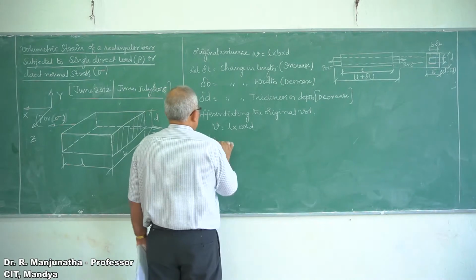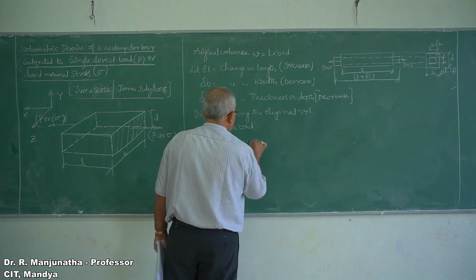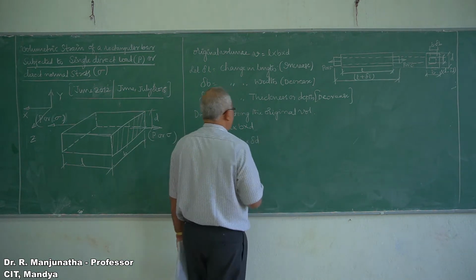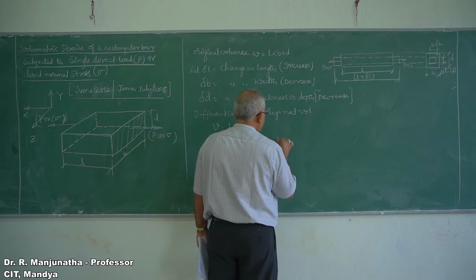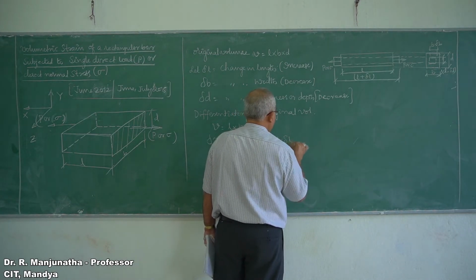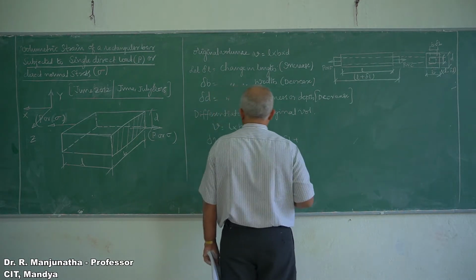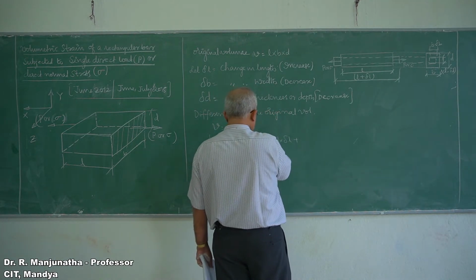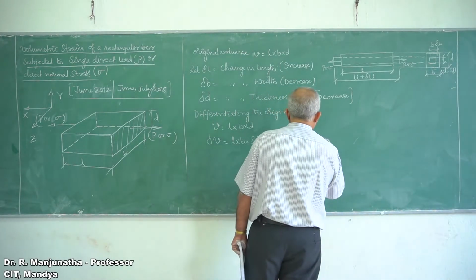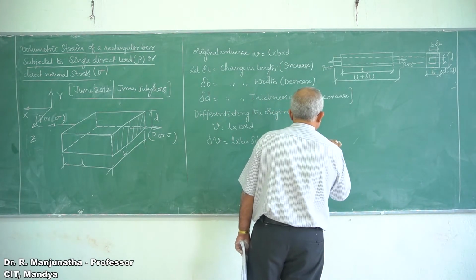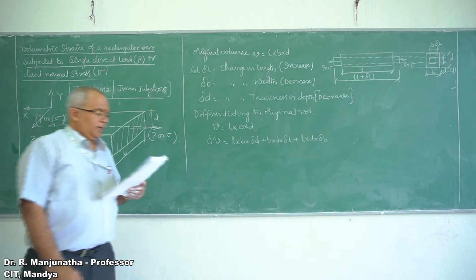So delta V will be equal to L into B into delta D plus B into D into delta L plus L into D into delta B. So this is how you are going to get this.